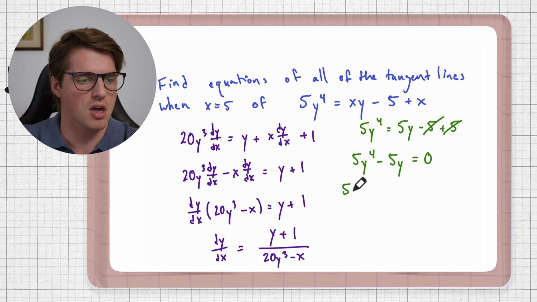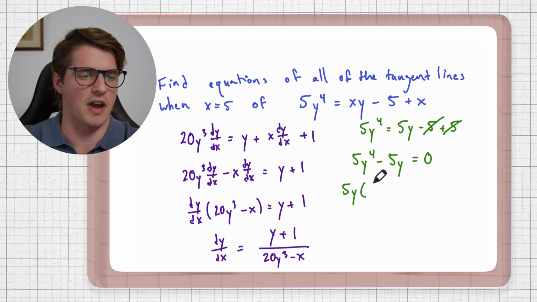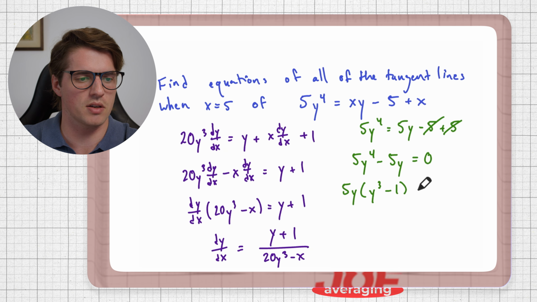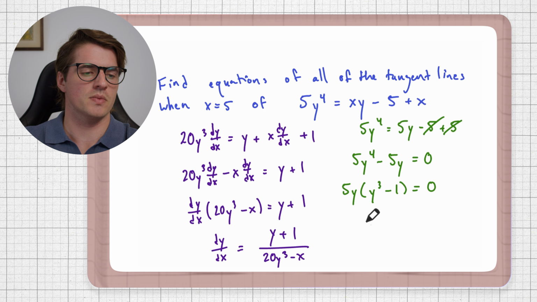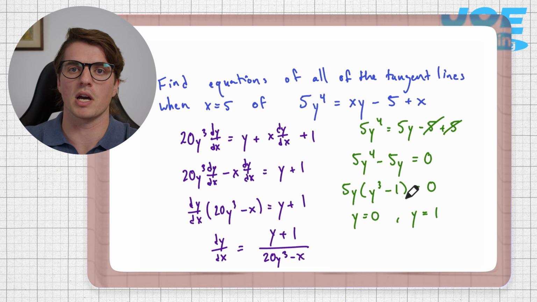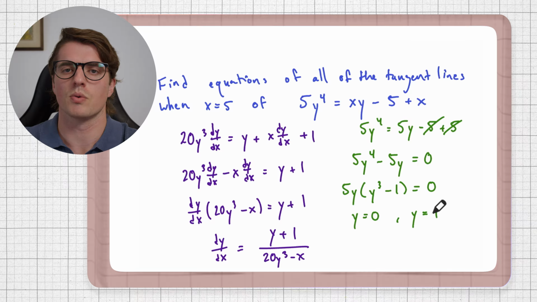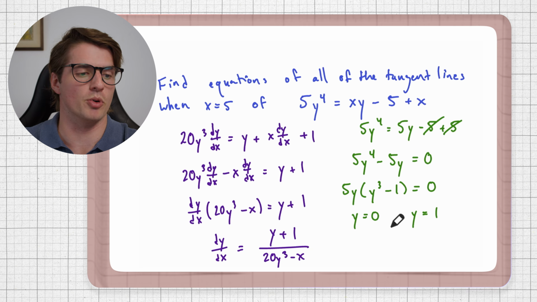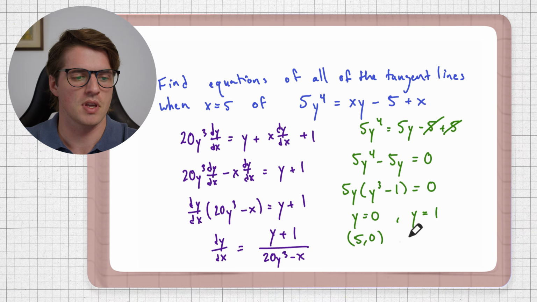So I'm going to instead factor the 5y out. So we have y to the 3rd minus 1 is equal to 0. So y is equal to 0 or y to the 3rd minus 1 equals 0, so y could be 1. Okay, so we need to plug in 2 different points. We need to plug in (5, 0) and (5, 1).